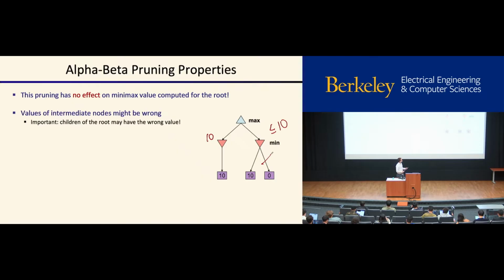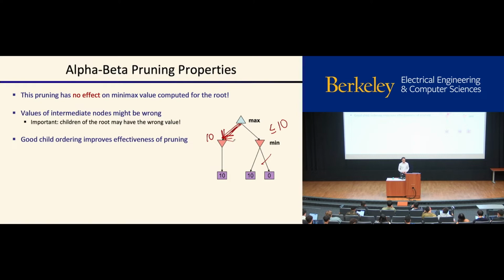And because we haven't looked at the full side of this tree, we have to be careful about how we resolve these ties at the max node and make sure that we go this way. So the naive version is going to potentially choose between them arbitrarily, and that would be bad for the max node. So just keep that in mind. The values of these intermediate nodes might be wrong. So the way that you select when that's the case is important.